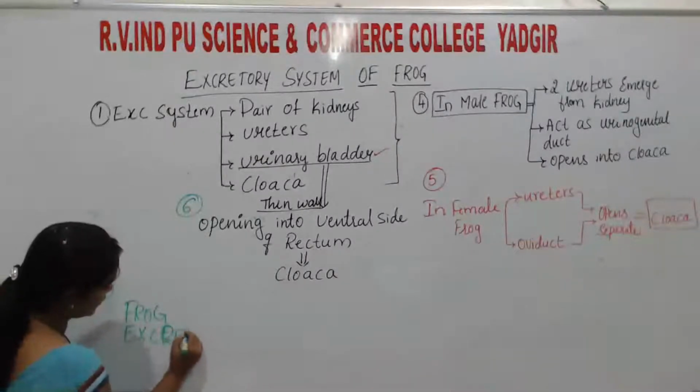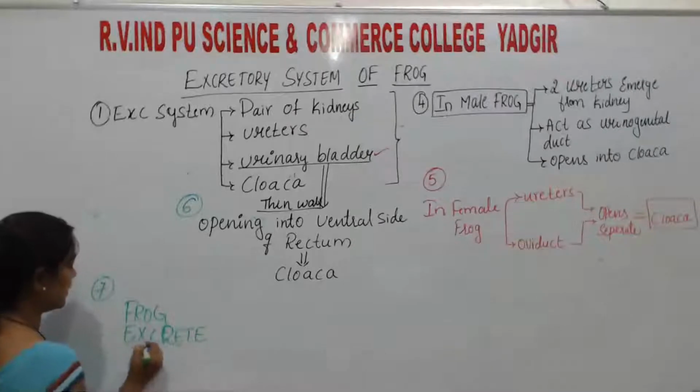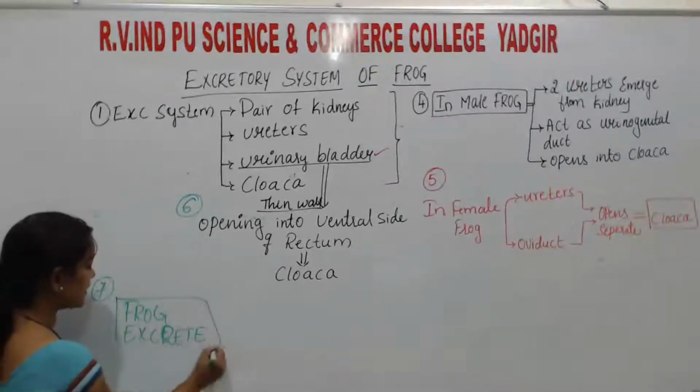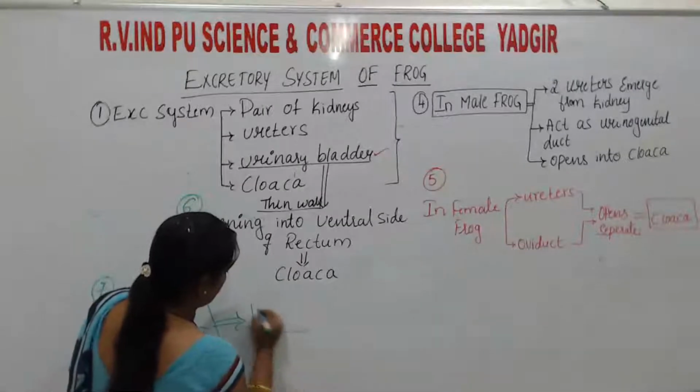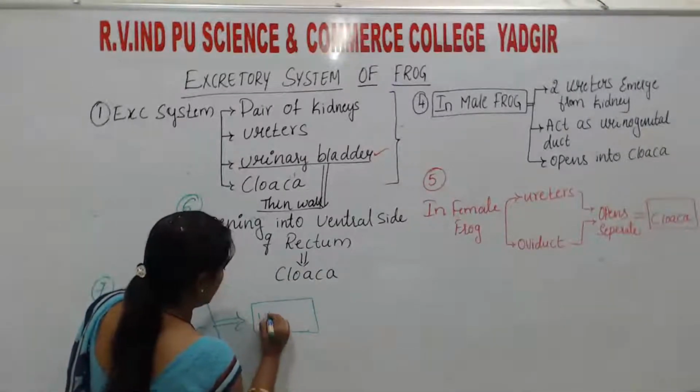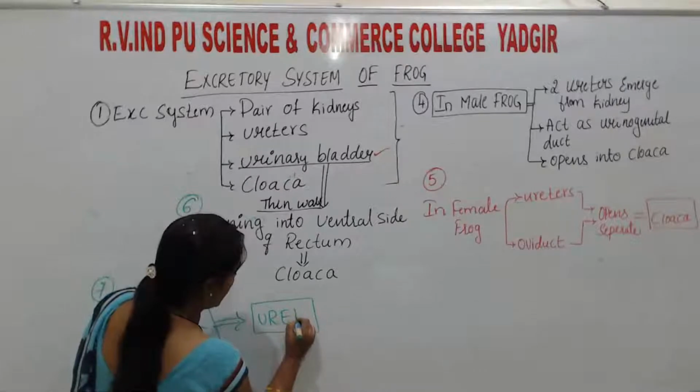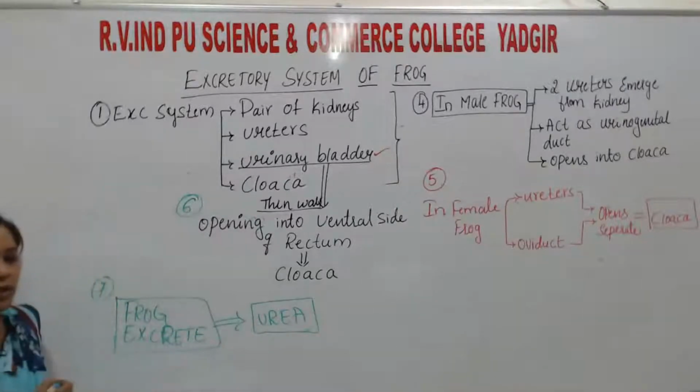One mark question, 2 marks question, they will be asking this. The frog excreta is urea.